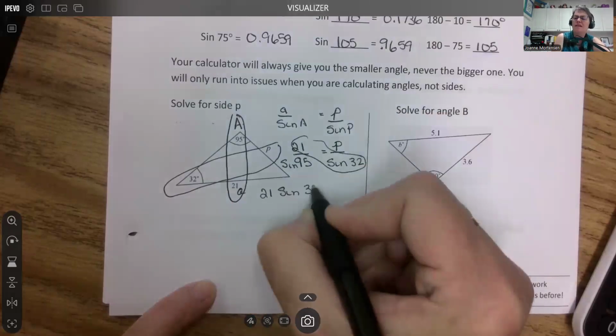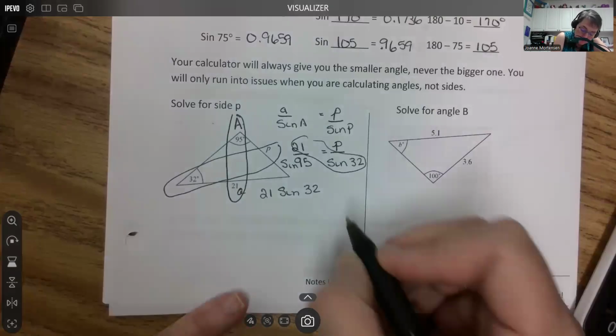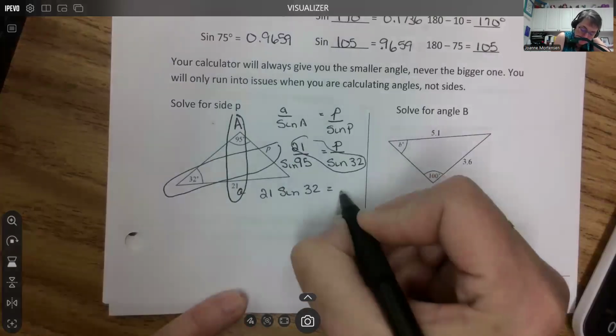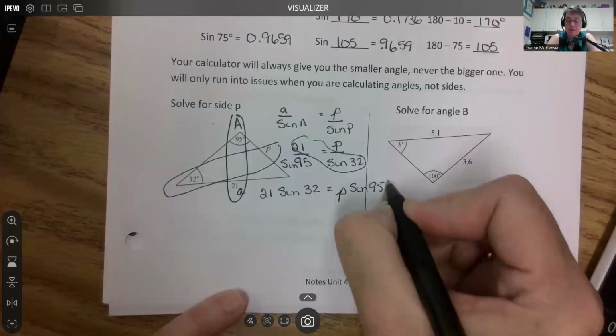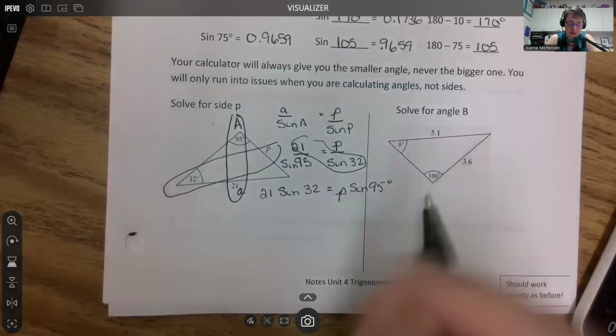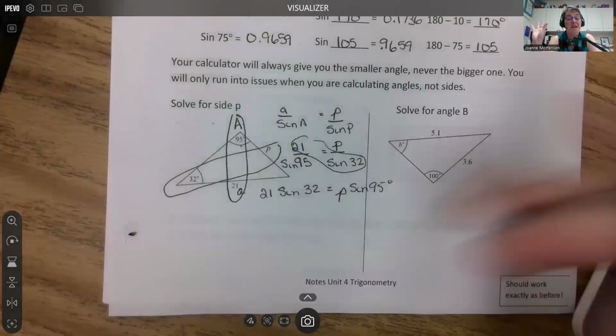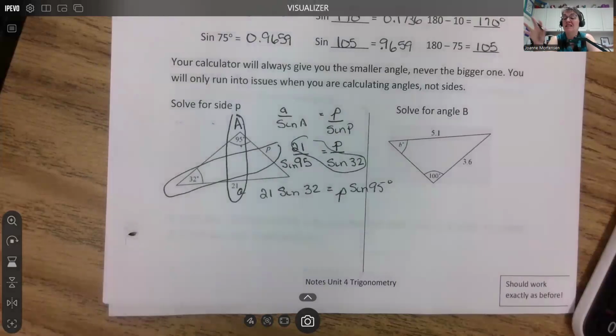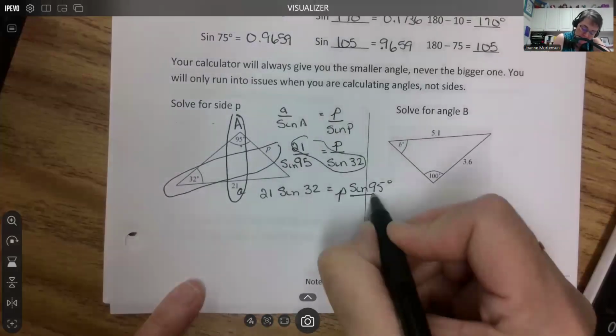I feel we may have done this exact question before. Oh well. The point of me doing this specific question is because this is an obtuse angle. And I just want to show you, if you're finding a side, your calculator doesn't care. It just does the magic. I want to solve for P, so sine 95.